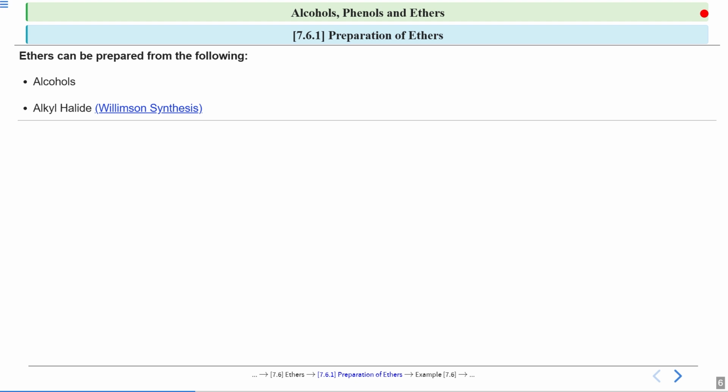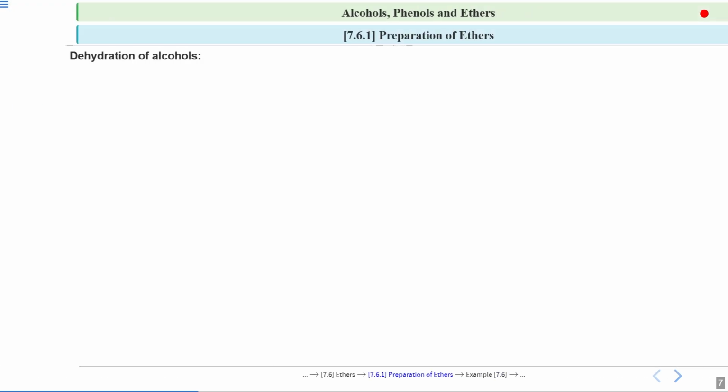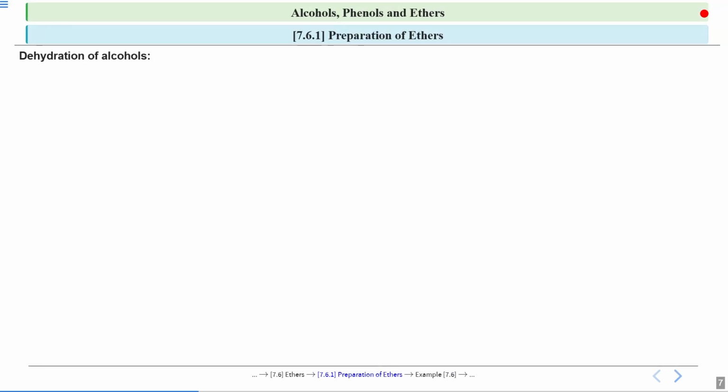This process is called Williamson synthesis. From Williamson synthesis, we can prepare ethers from alkyl halides. Halides means fluorine, chlorine, bromine or iodine, that is the X group. Now one by one we will see from both these reactions how we are preparing our ethers.